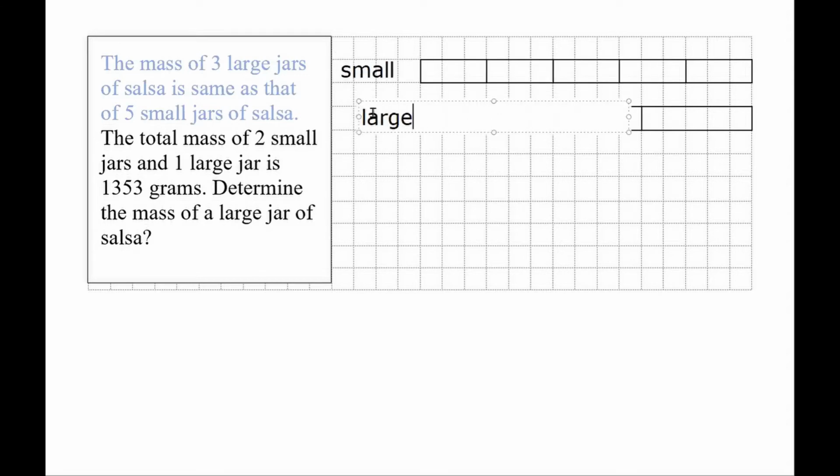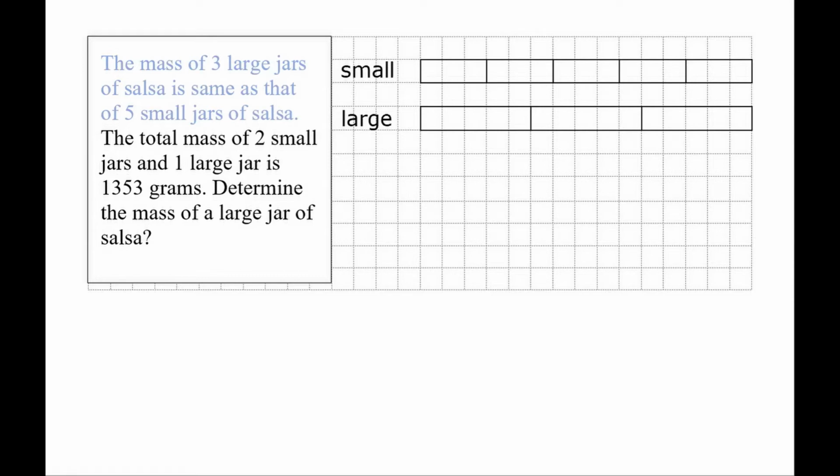Well, now take a look. Clearly, the way we represented 5 small jars are equivalent to 15 units, and 3 large jars are also equivalent to 15 units, and they match.